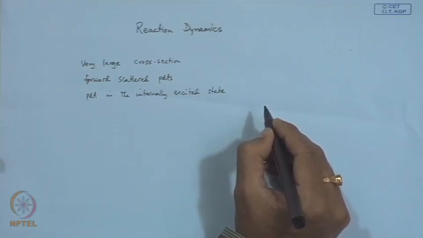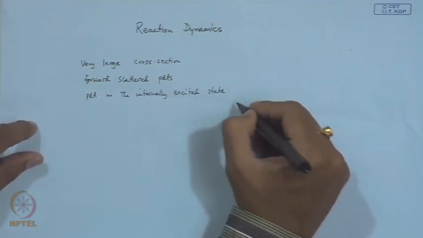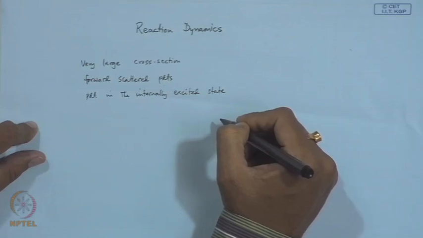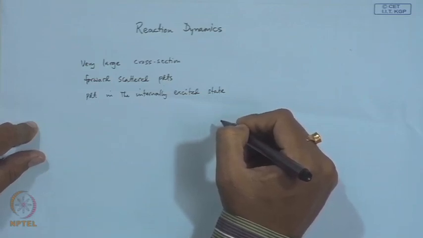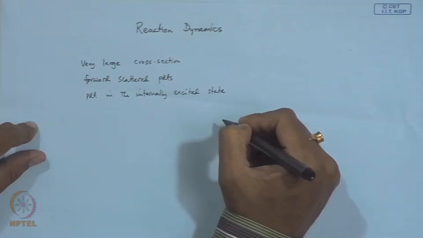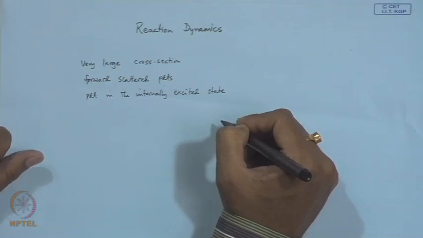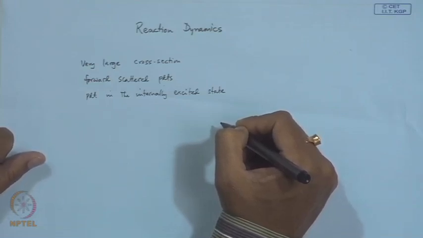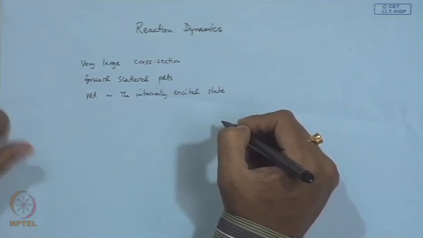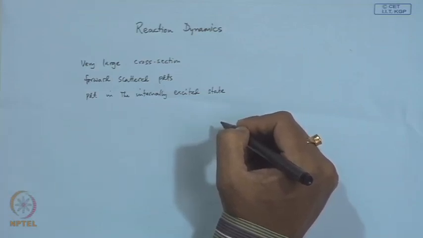For this harpoon mechanism, a fairly heavy reactant plucks the light atom from the other reactant, and basically the remaining part acts as if it is a spectator. It cannot do anything, and reaction occurs.